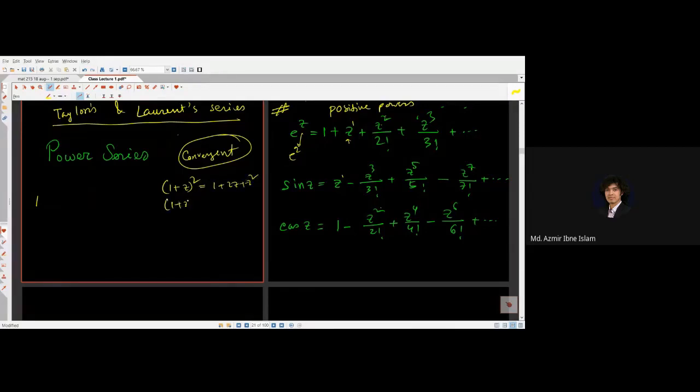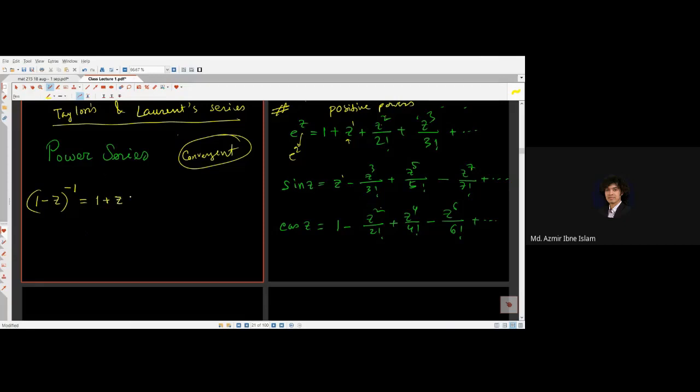We can also find (1 plus z) power 4 or 5 by using binomial expansion. Clear? But if we have (1 minus z) power negative 1, what will be the result?